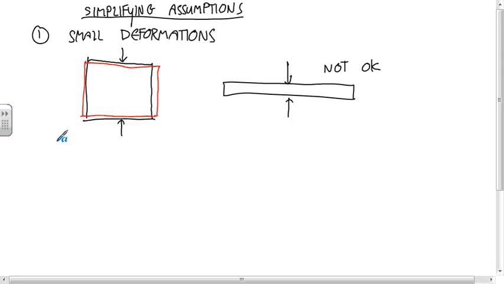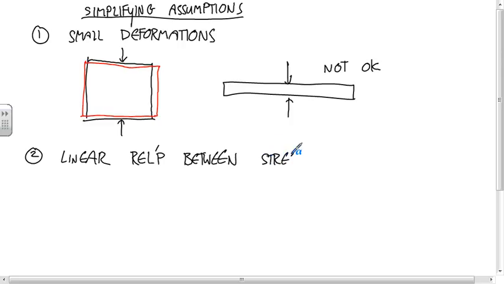The second assumption is we're going to assume that all the materials that we're dealing with have a linear relationship between stress and strain. We haven't talked about what stress and strain are yet. But you've dealt with something that you assume has a linear relationship between stress and strain.